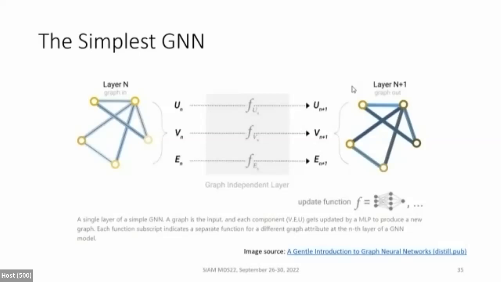But at the simplest level, there is no information about the connectivity used during the training algorithm. This type of GNN uses a separate multi-layer perceptron for each level: one for the node level, one for the edge level, and one for the global level. And as is common in deep learning, we can stack the GNN layers together.